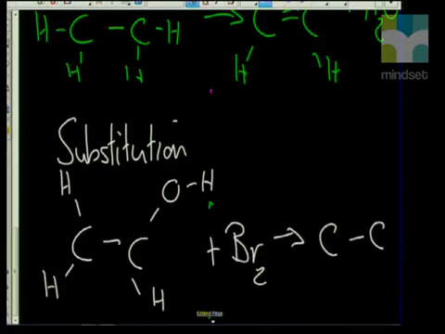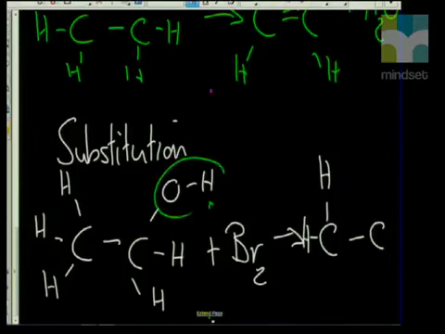I've not put in all the bonds, sorry. I need to put in all the bonds to make sure I've got the right number. And we're just simply taking the place of this hydroxyl group. The bromine is stronger, more oxidizing, and it will fit in over there.